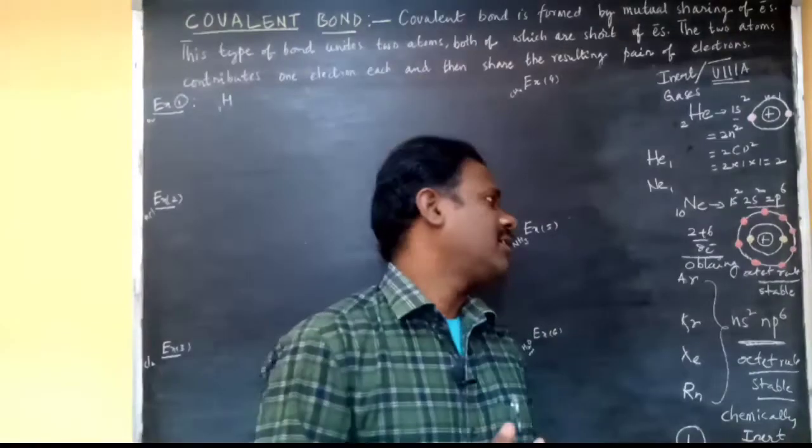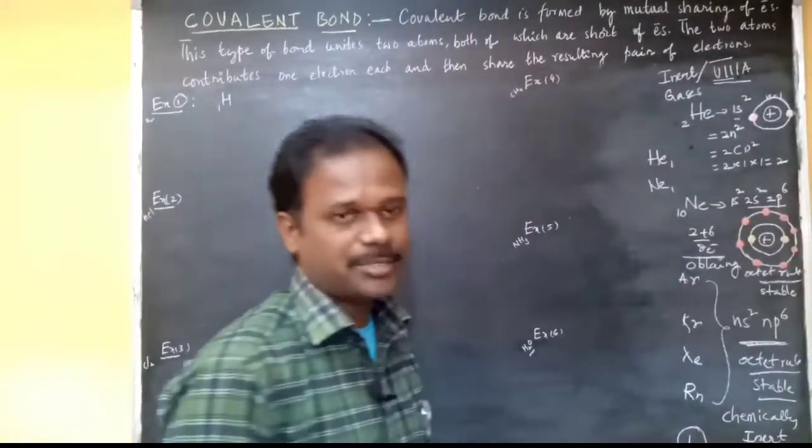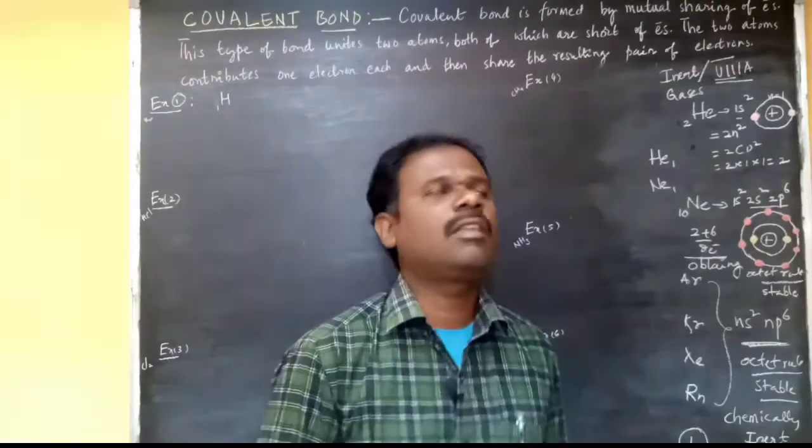That's how elements can obtain the ns2 np6 electronic configuration. And there is another bond, which is called the covalent bond.